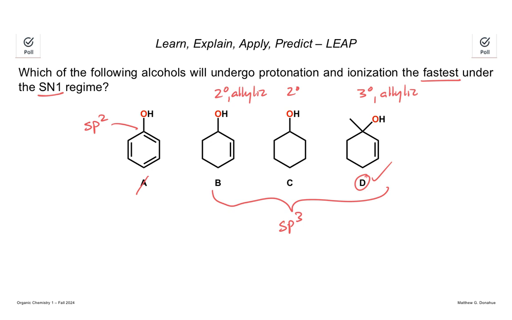So where it gets fuzzy is when it's elimination, and so that's E2 and E1. Let me make a note here to show you what you're looking for. SN1, E1.